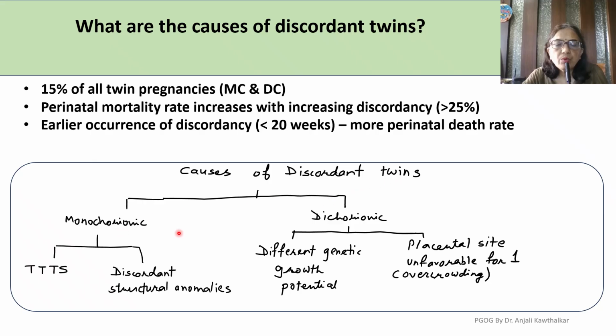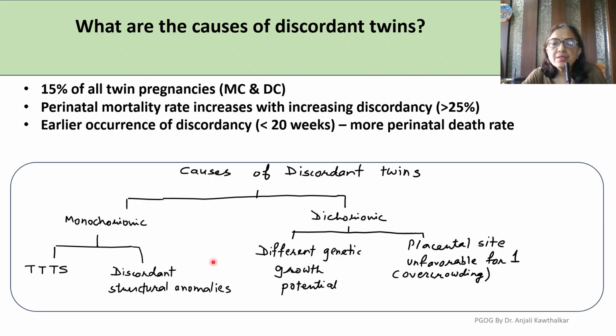So, what are the causes of discordant twins? It can occur with monochorionic or with dichorionic type of pregnancy. With monochorionic, TTTS leads to the discordancy, or there can be discordant structural anomalies that can also lead to the development of discordant twins. Discordant structural anomalies means one baby is having some structural abnormality whereas the other is not.